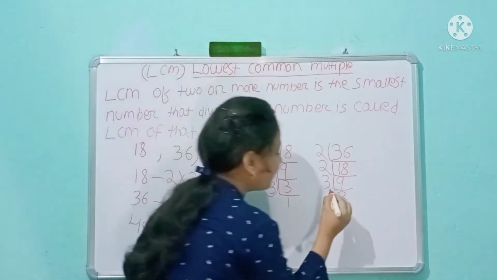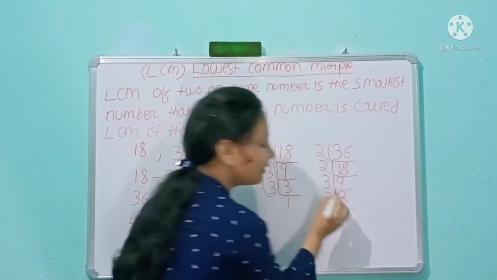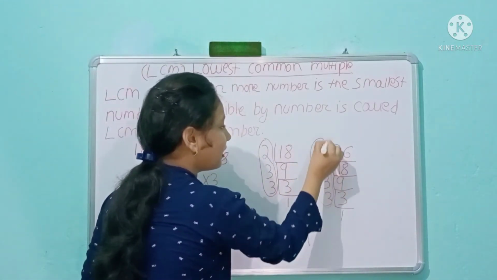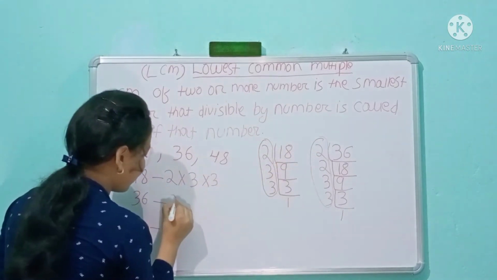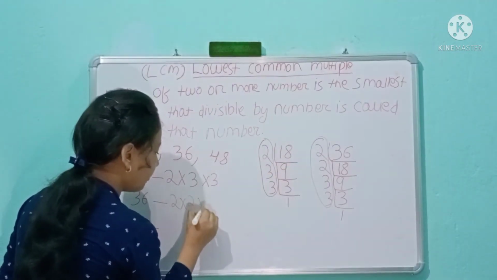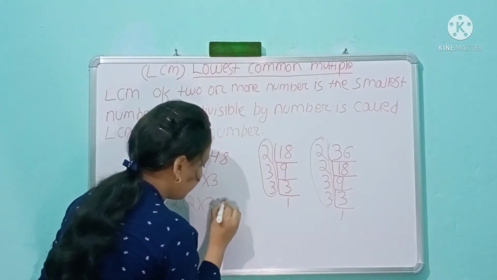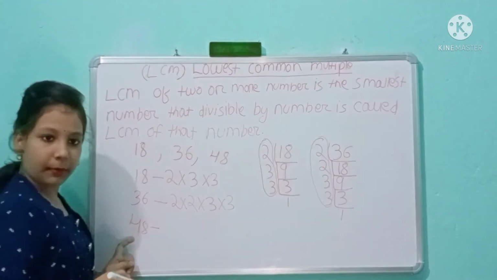Clear? Then 3 1s are 3. So these are the prime factors of the number 36. I write here 2 is 2 times, so 2 into 2, and 3 is 2 times, so 3 into 3.